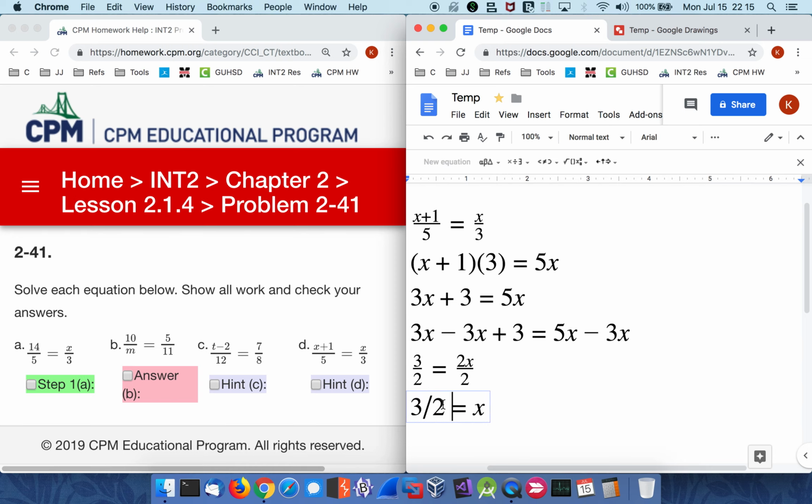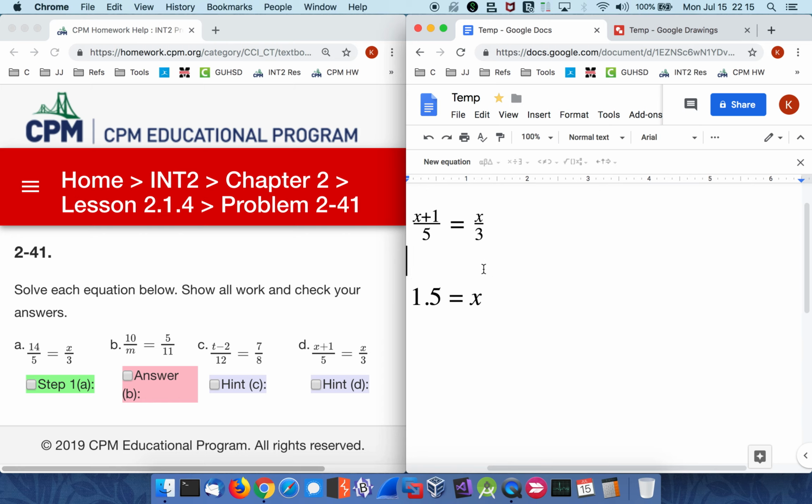And 3/2 is the same as 1 and 1/2, right? 1.5. So that's x. And then if we want, we can go ahead and check it. So we've got 1.5 plus 1, which is 2.5.